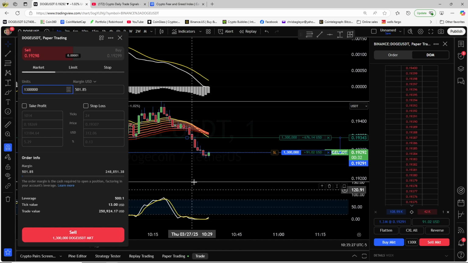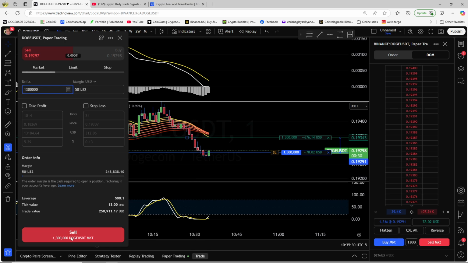Now it's going to chop back and forth for a little bit before it gets to where we want it to. So. Probably 2 more minutes or so.